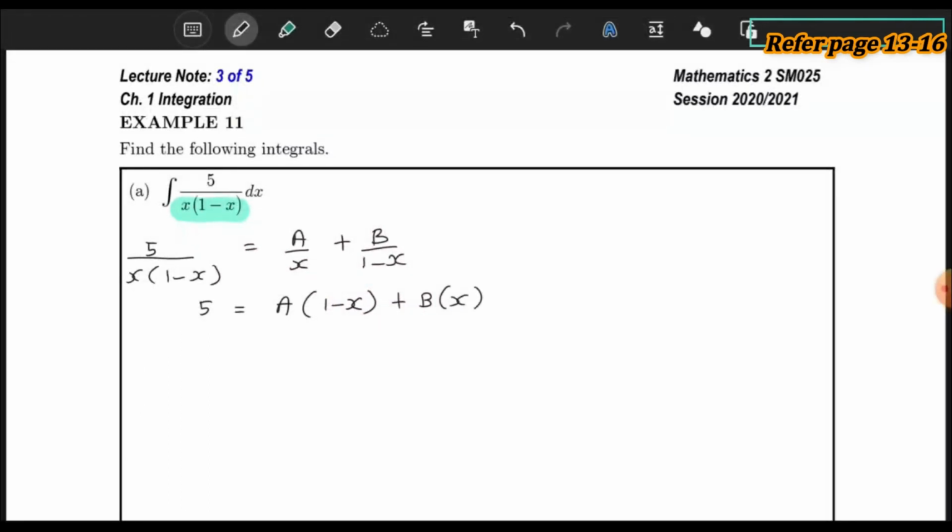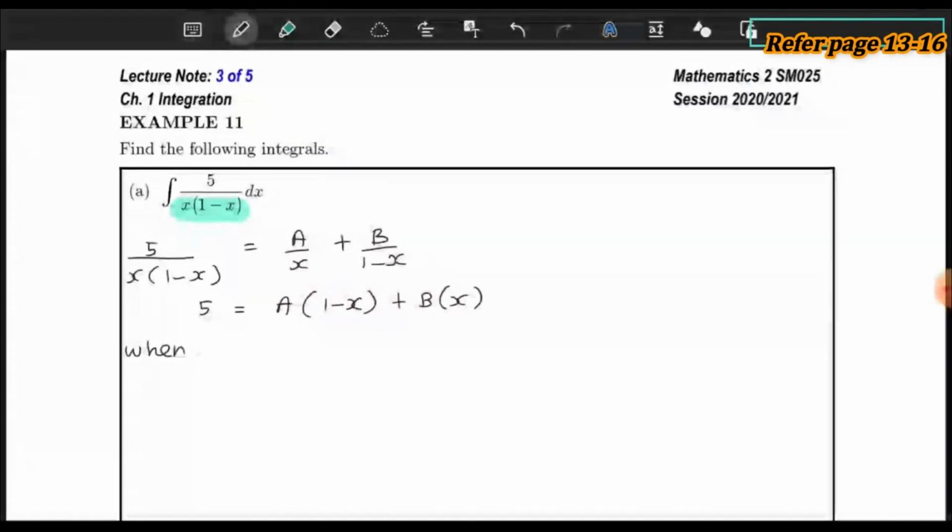And after this, you can choose either you want to use a substitution method or elimination method. Sorry, substitution method, or maybe you can compare. Okay? For now, I want to use substitution method.